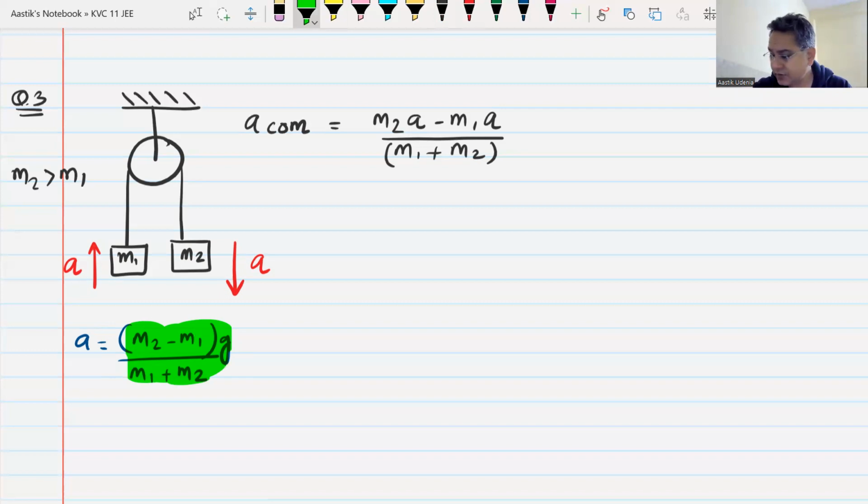Now, let's take a step further and move into the next point, which is momentum. Momentum of the center of mass.